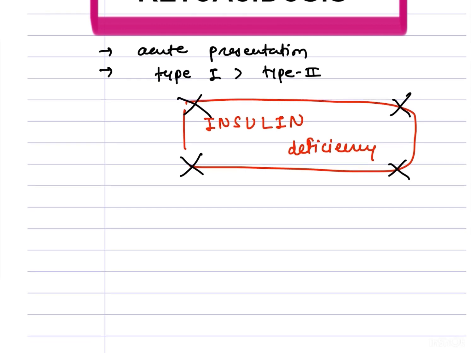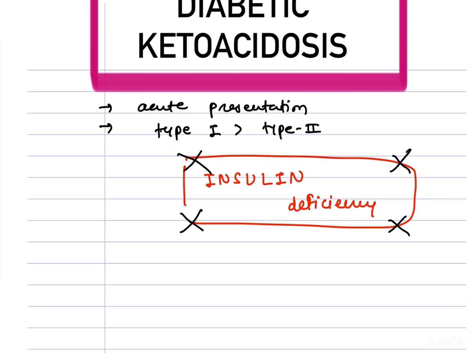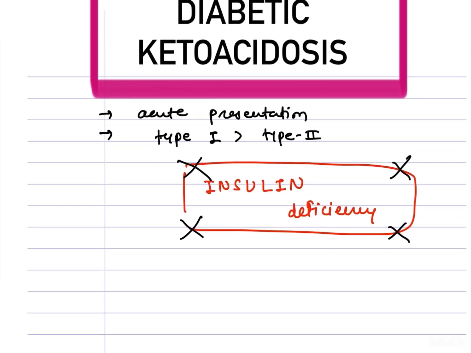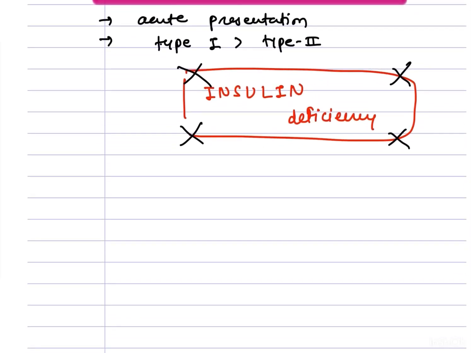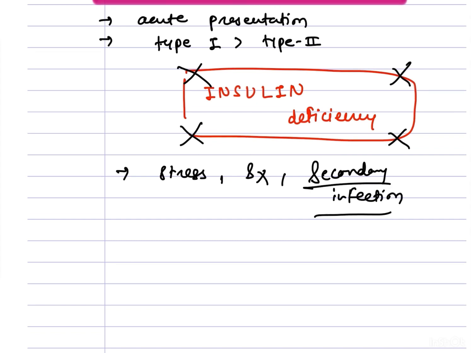So it is more common in insulin deficient patients like type 1 diabetics, and some factors will increase the demand of insulin in the body, like stress, some surgical intervention, and some infection, secondary infection, where type 1 diabetes mellitus is already there.